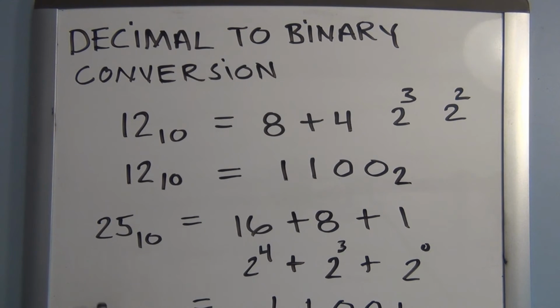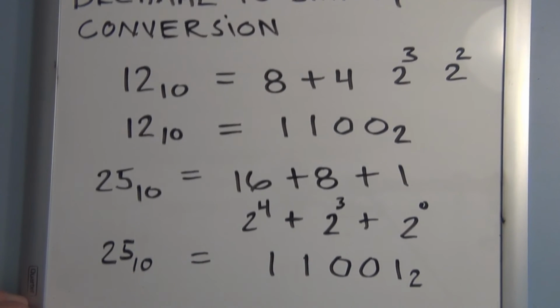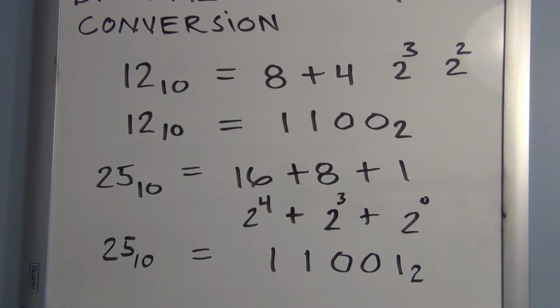That's binary. So 25 decimal is equivalent to 11001 in binary. Oh, am I off the camera there? So 25 is equal to 11001.